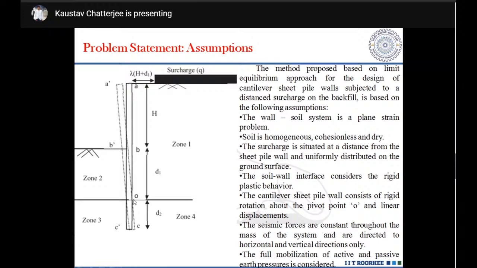So if my point of rotation moves upwards, then the passive resistance will be much higher as compared to the condition if this point O moves downwards. Clear? That means if more external loading is coming, my point of rotation is supposed to move up so that we get maximum strength from the passive resistance developed.